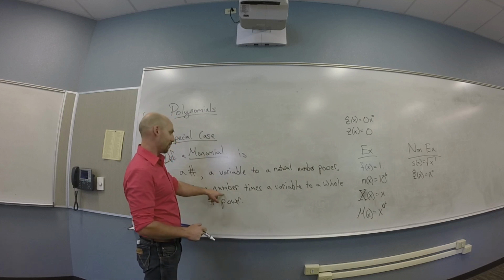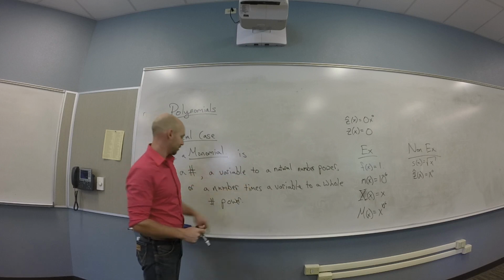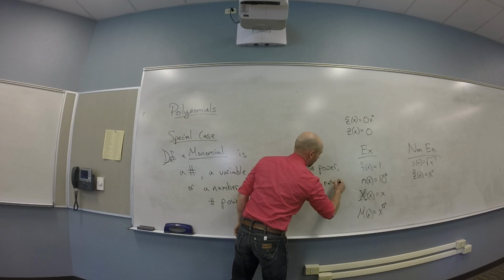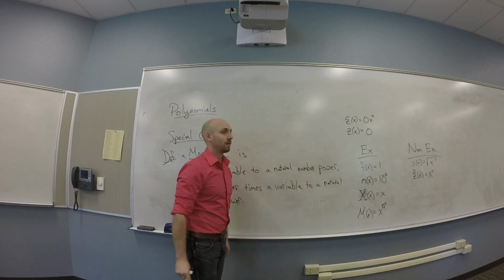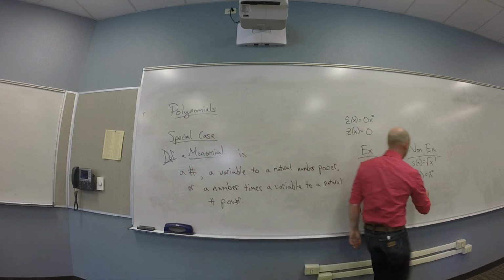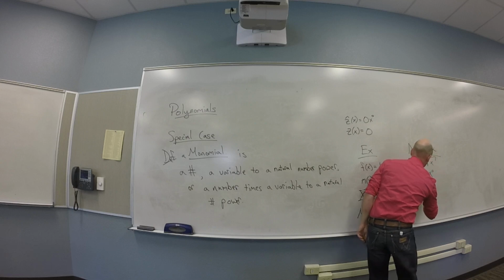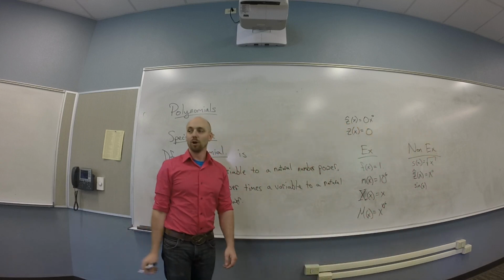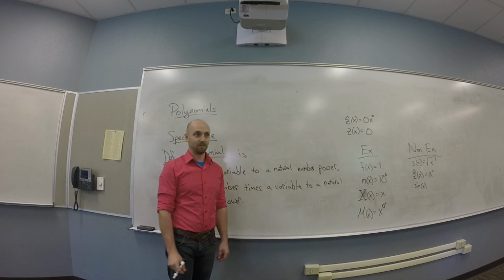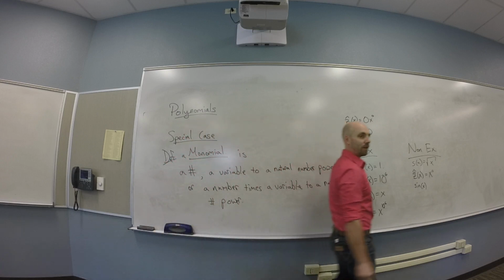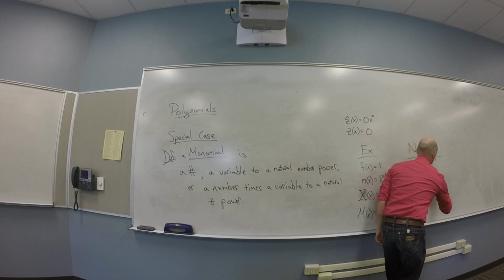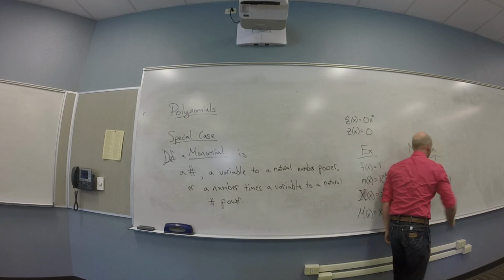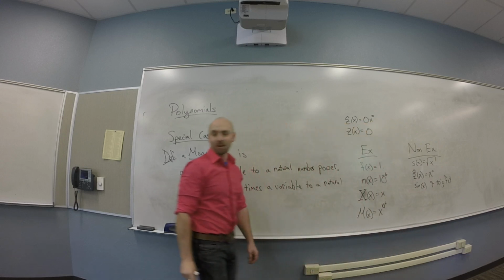And it's not a number times a variable to a natural number power. You were correct, so it's a non-example. Sine of x is a non-example. How about cosine, tangent, all trigonometry, and the other trig functions, the lot of them.